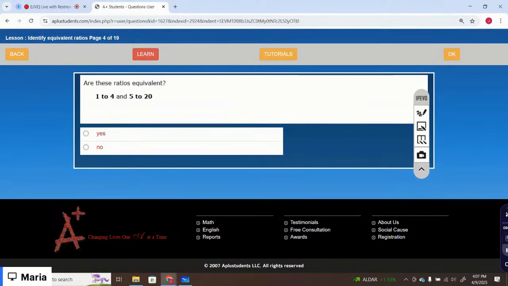Are these ratios equivalent, 1 to 4 and 5 to 20? Which is the correct option?